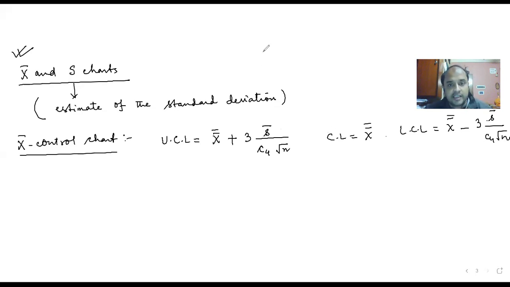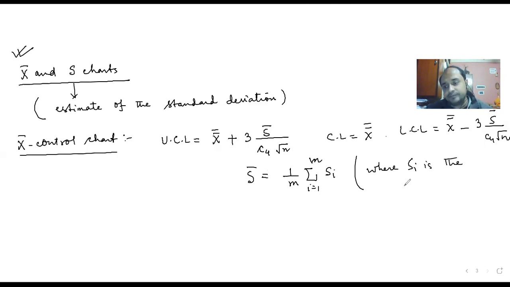Since I'm using all caps, let us use capital S. What is capital S bar? S bar is 1 by m, summation i goes from 1 to m, S i, where S i is the standard deviation, and you all know the formula of standard deviation.